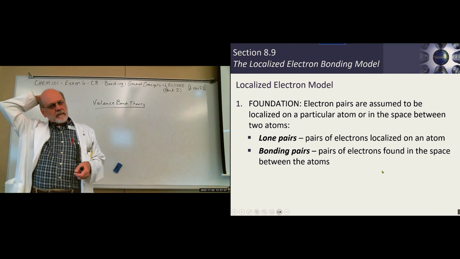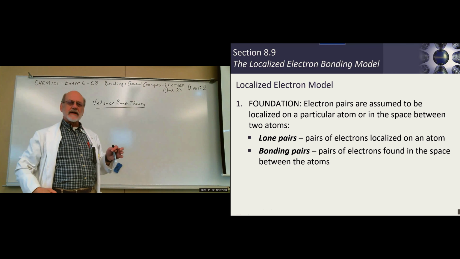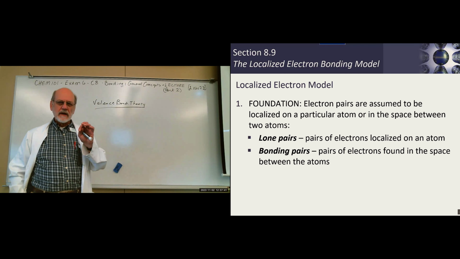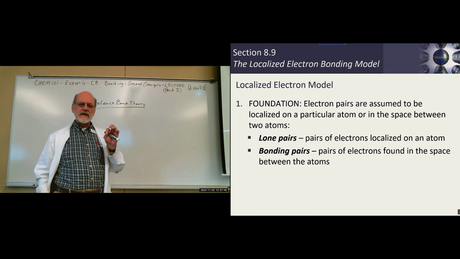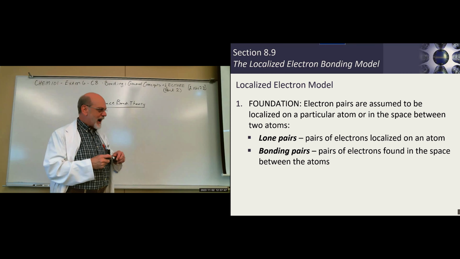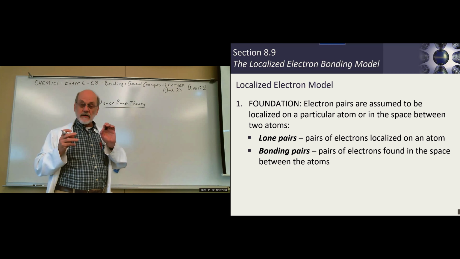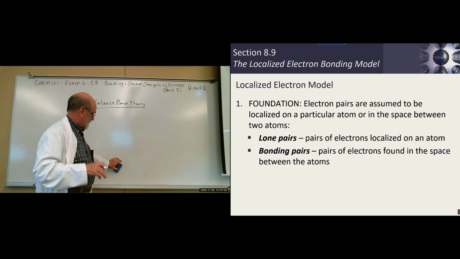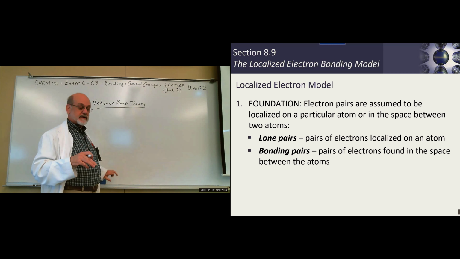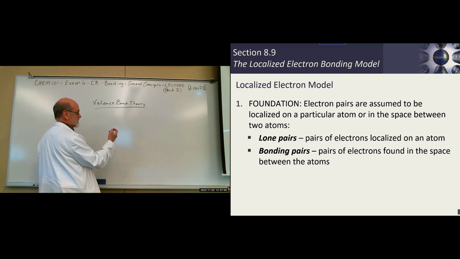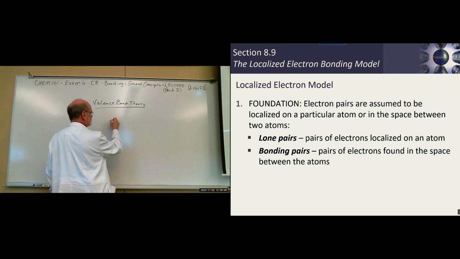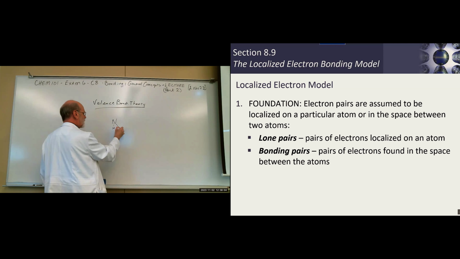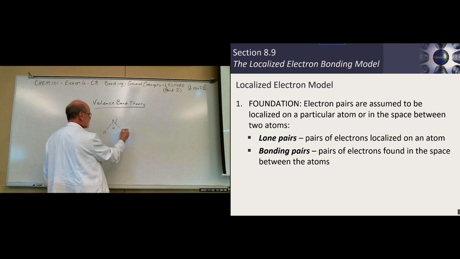Okay. So for this localized electron model, the electrons are attached to atoms, usually in pairs. I'm going to give you an example. Say ammonia. Ammonia looks something like this, with the hydrogen out the back end, hydrogen out here, hydrogen out here.